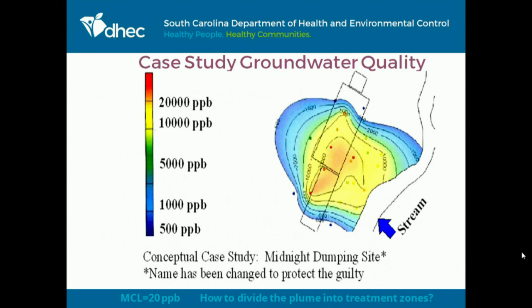It's directly adjacent to a surface water body, and the yellowish stuff is 10,000 parts per billion. And for the sake of argument, I'm going to say the MCL is 20. So what I did was just change that graph on the left-hand side to how many times the MCL.